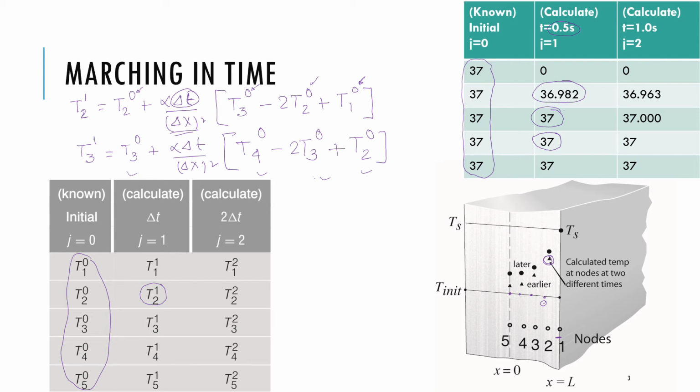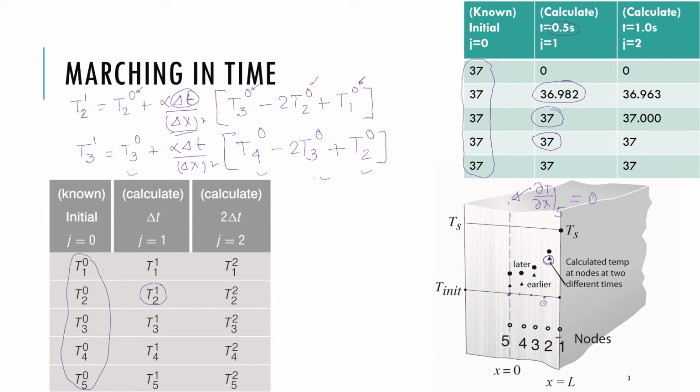So what about T5? So T5 is this point. So this is obtained using boundary condition. So what is my boundary condition here? The boundary condition at this location 5 is del T del x at location 5 equal to 0.